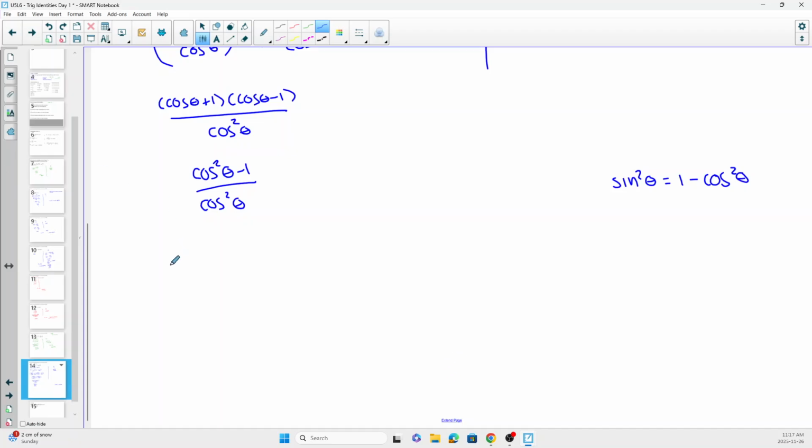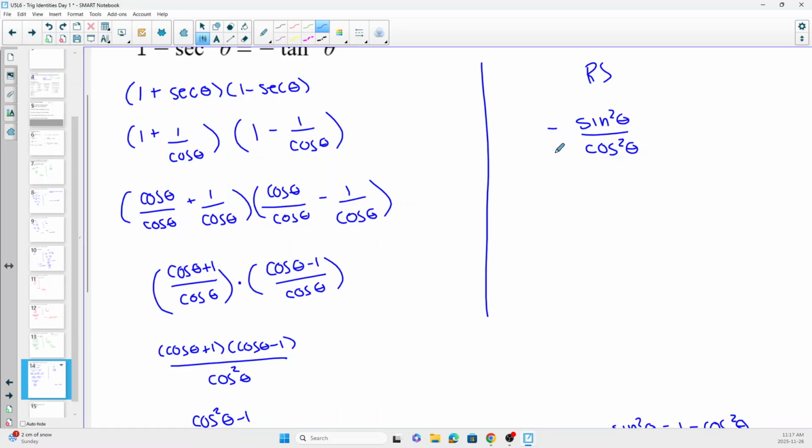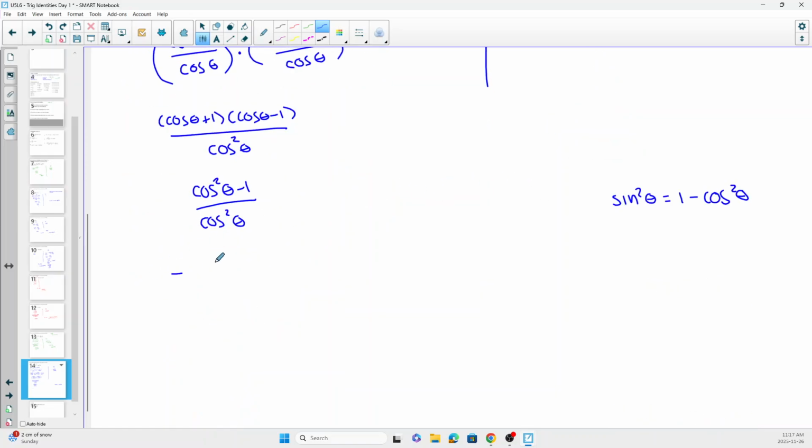So what I'm going to do is factor out a negative, which is great because I need a negative out in front anyway. And when I factor out a negative, I'm left with negative cos squared theta plus 1. I'm writing out every little step just so you guys can see what's happened. I could then rewrite that numerator. I could reverse those and say that it is the same as positive 1 minus cos squared theta all over cos squared theta.